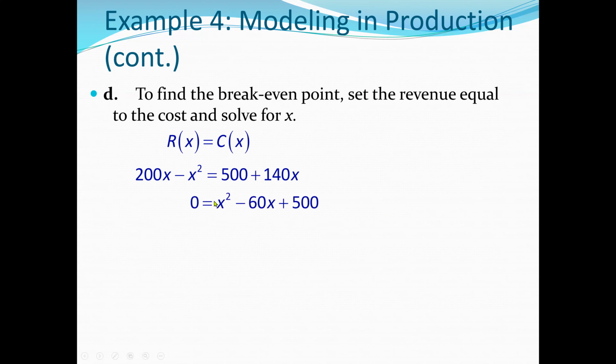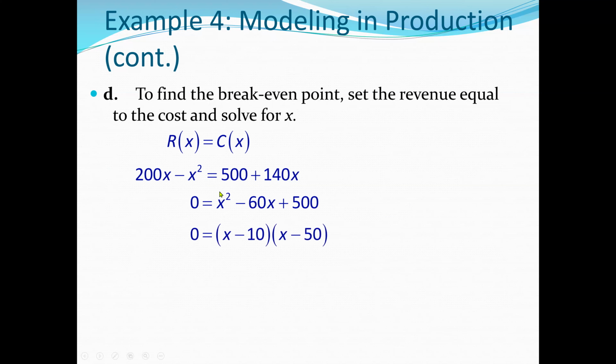Since this will be a quadratic equation, we equate everything to 0. So we get positive X squared, minus 200X will go to the right side, plus 140X will give me minus 60X. Plus 500 is already in the right position, so we still keep plus 500.